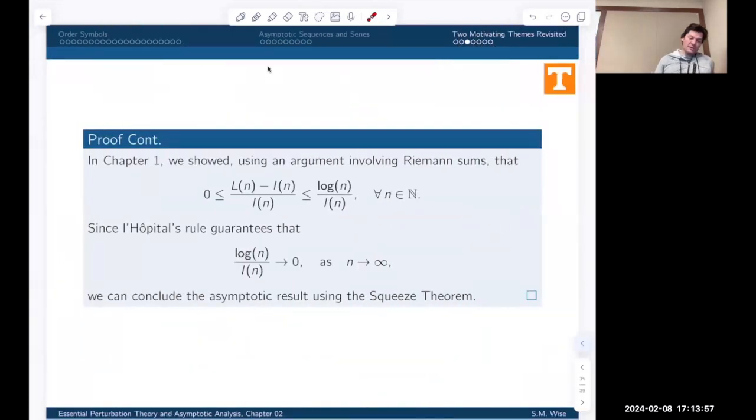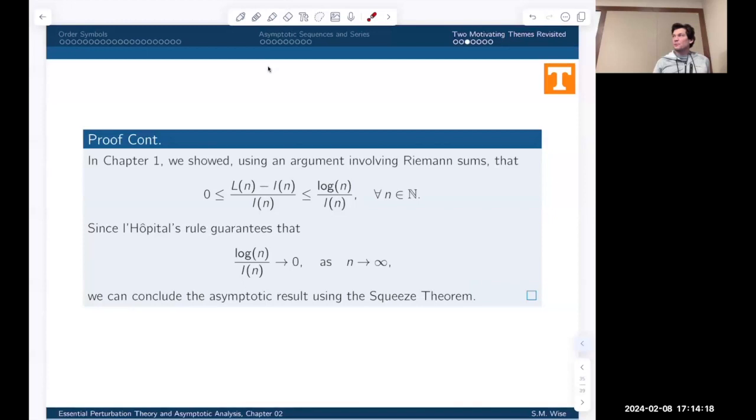So we showed in chapter 1 using that Riemann sum argument, actually it was more or less a proof by picture that you can just copy over, that this quotient is positive and bounded above by log n over I of n.